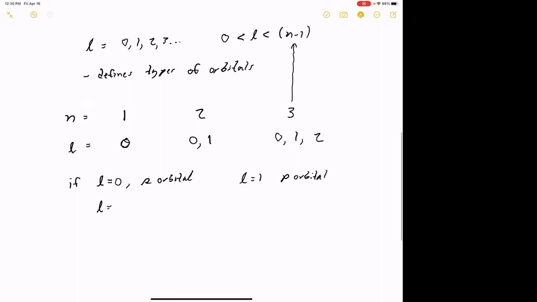If L is equal to 2, in that case, what we have are a set of what we call d orbitals. And then if I have L equals 3, that corresponds to what we call a set of f orbitals.